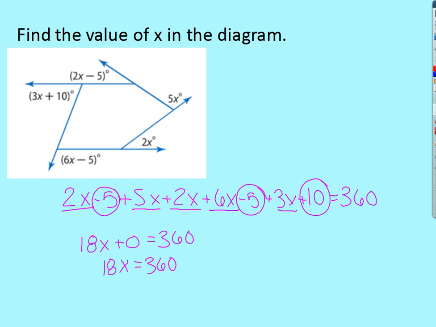Now we have 18 times x. We want to get the x by itself, so we will divide both sides by 18. And we will end up with x is equal to 20.